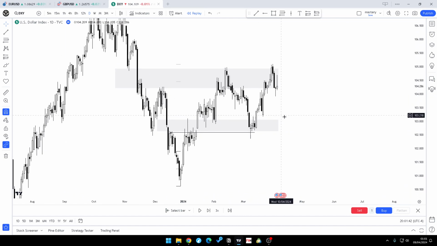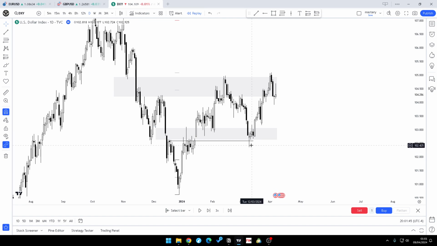So if indeed lower prices are met, this could be a potential place for drawn liquidity because there is a lot of sell side here, a lot of sell side here, and so on.